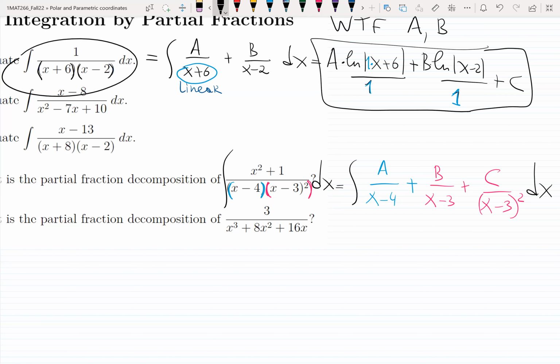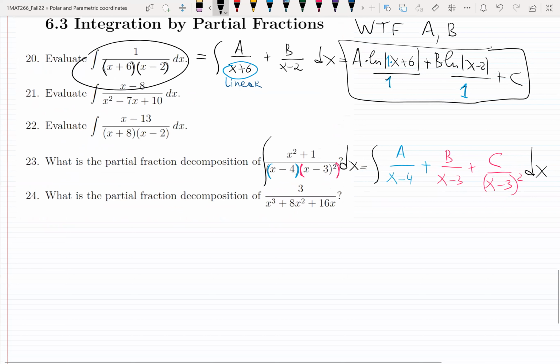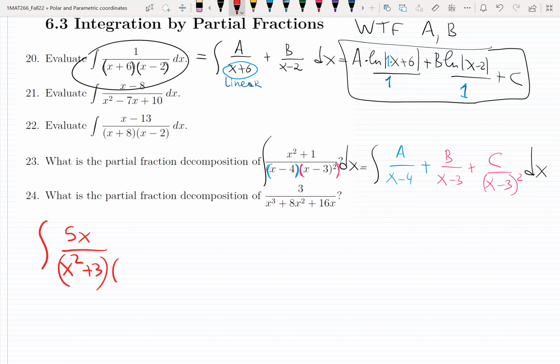Finally, one more example is this one. I want to show you 2 more interesting cases. If you have an integral, and I don't care what's on the top, and now it's x squared plus 3 multiplied by x cubed, and multiplied by x squared minus 1, squared.